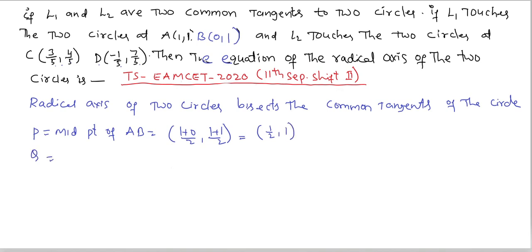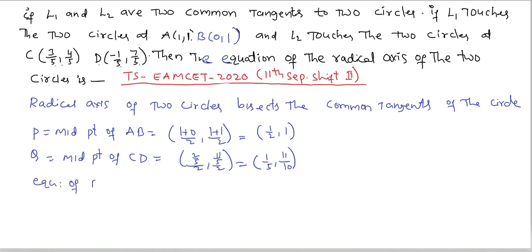And Q is taken as the midpoint of CD, that is ((3/5 - 1/5)/2, (4/5 + 7/5)/2) = (1/5, 11/10). And this radical axis passes through these two points P and Q.